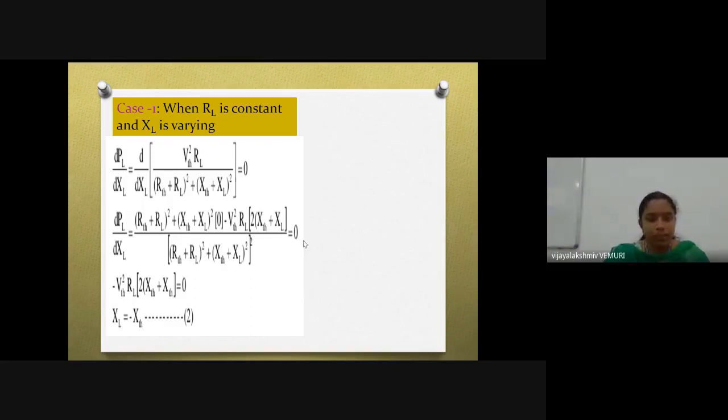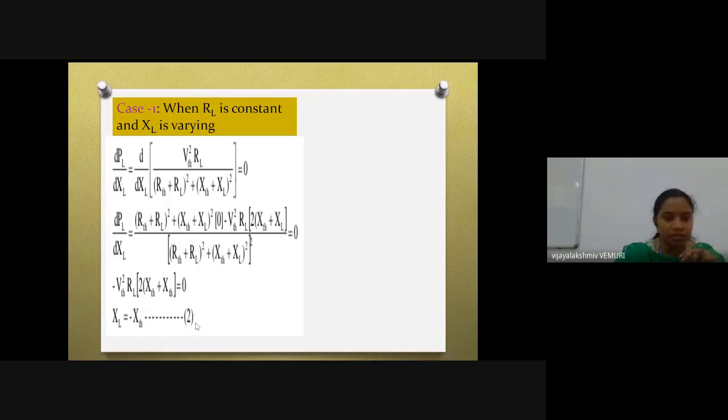So this first part is completely 0. Coming to the second part, minus VTH square into RL into 2 into XTH plus XL is equal to 0. So VTH square becomes 0, RL becomes 0, 2 also goes, and XL will be equal to minus XTH. That is the answer.